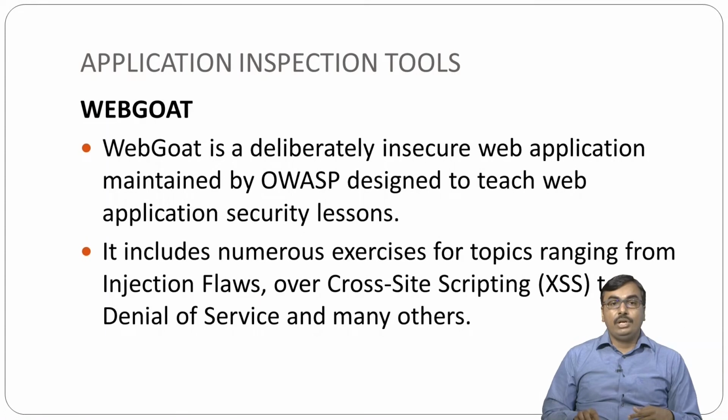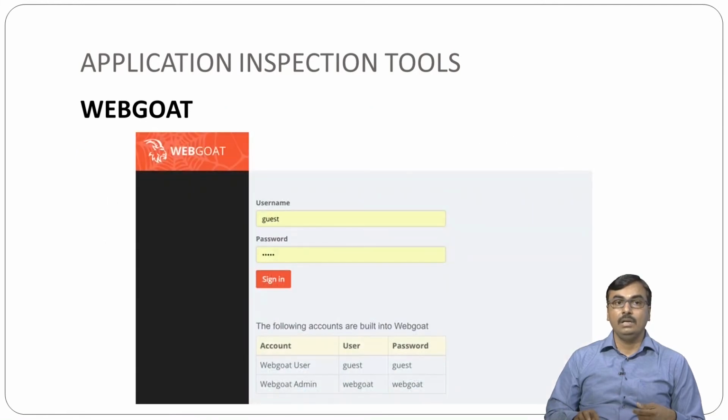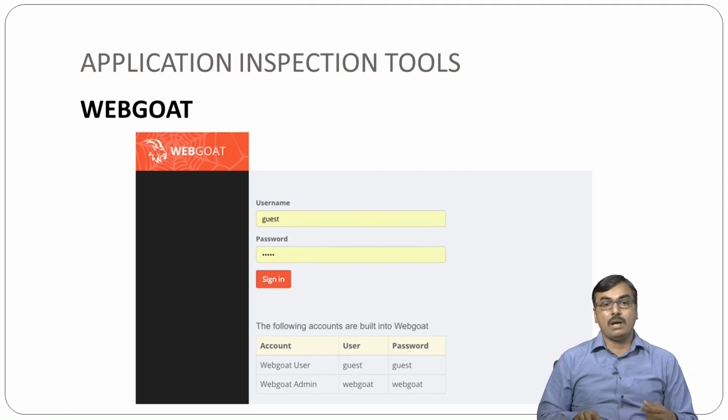It includes numerous exercises for topics ranging from injection flaws and XSS, cross-site scripting attacks, to DoS, denial of service, and many more. This is my WebGoat screenshot, and it again runs in your web browser.